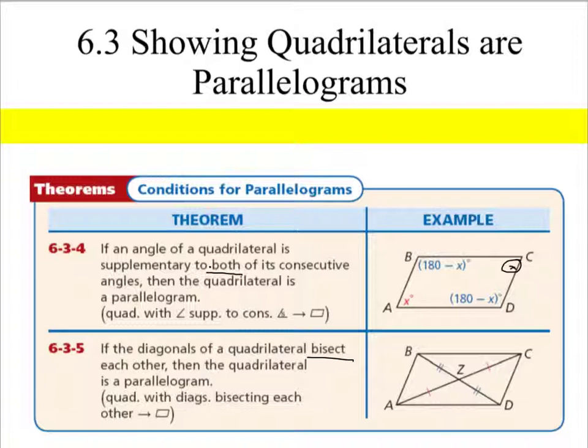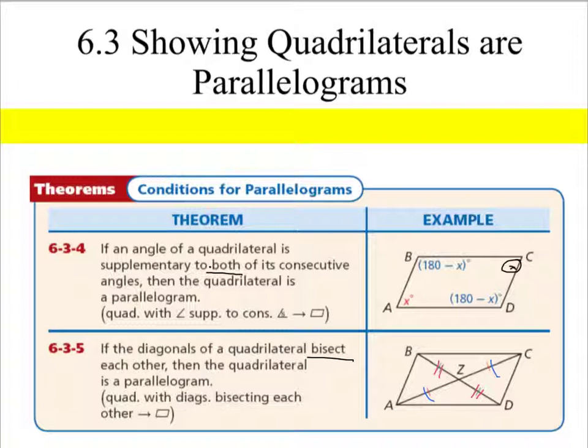So if AC is a bisector of BD, if you look at this picture, then BZ has to be equal to ZD, and AZ has to be congruent to ZC. Not all four of them congruent, but Z has to be the midpoint of BD and AC. They have to bisect each other, cut each other right in half.